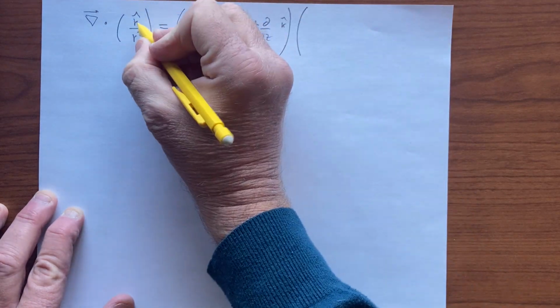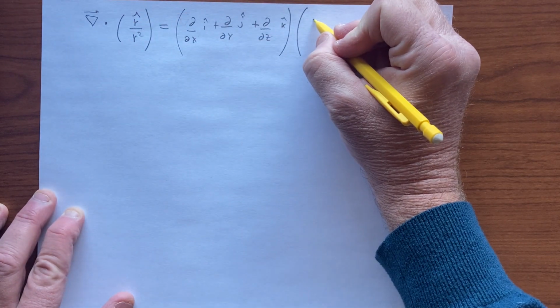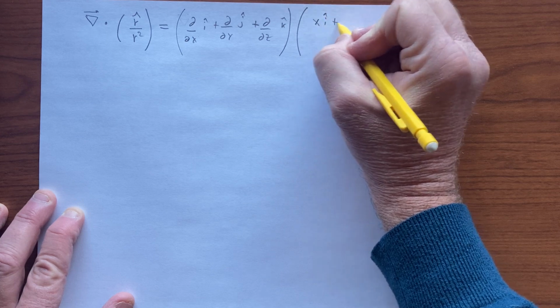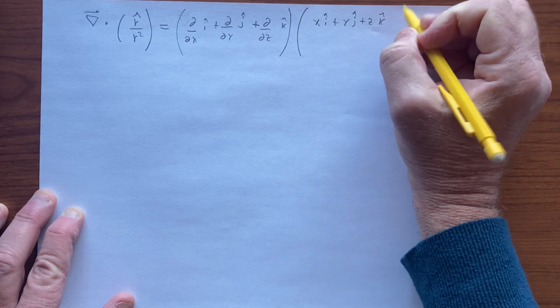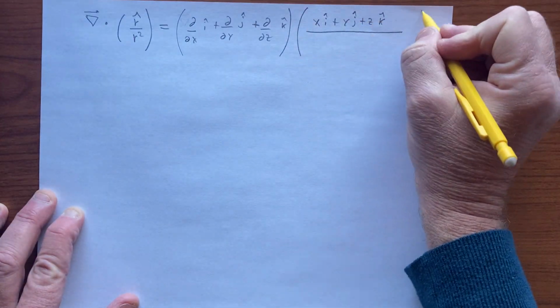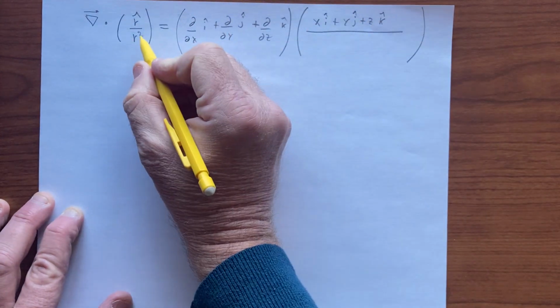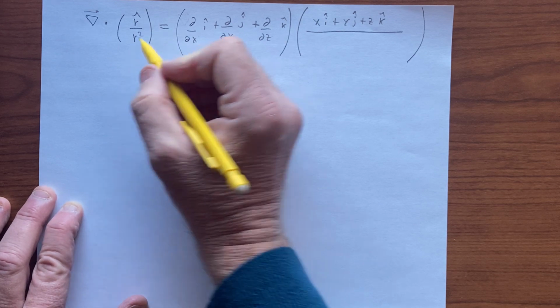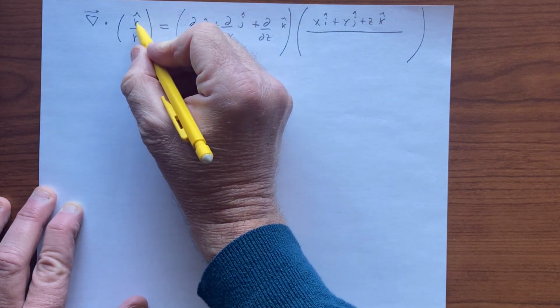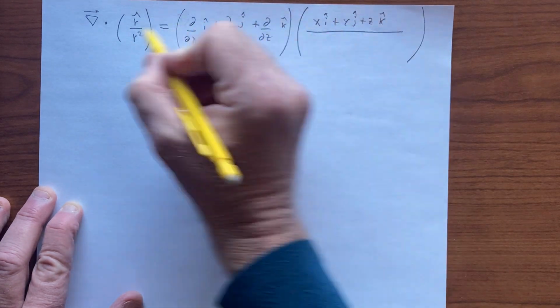So r hat is just, right, r is x î plus y ĵ plus z k̂, that's r, and we want to divide by r squared. We know that r squared is x squared plus y squared plus z squared, but we want an r hat here, so we really have an r over an r cubed.